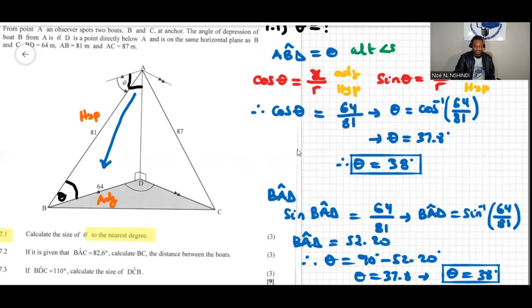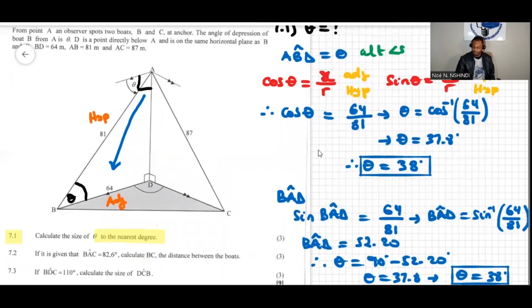And now question 7.2 is over here, and it says that if it is given that the angle BAC is equal to 82.6, calculate BC, the distance between the boats.